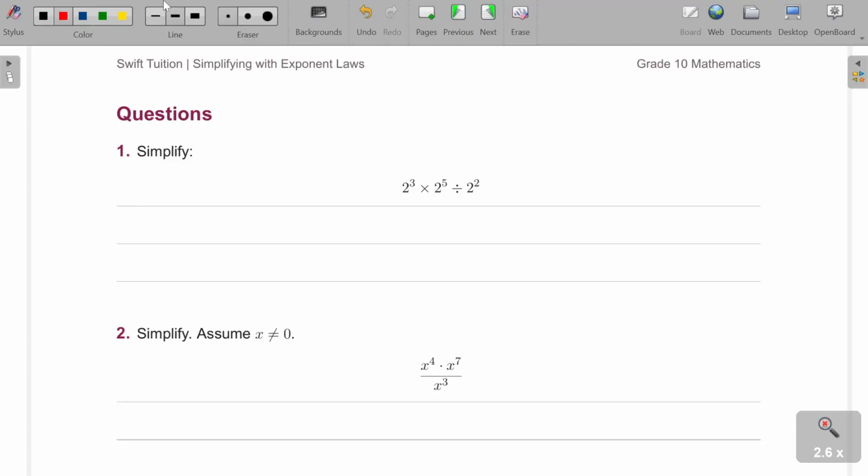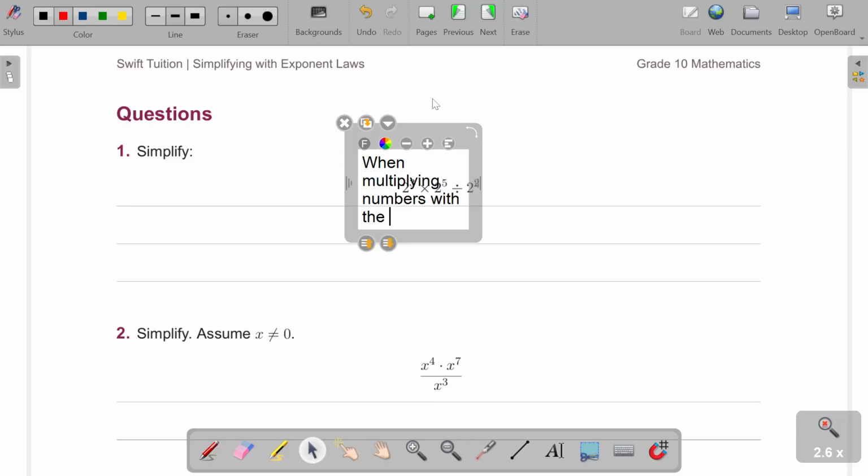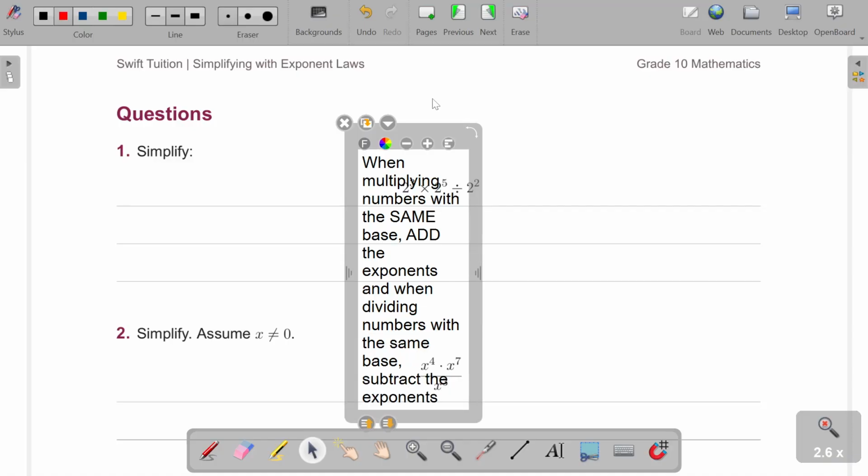And that is that when multiplying numbers with the same base, add the exponents, and when dividing numbers with the same base, subtract the exponents. Okay, so that's basically going to be that.